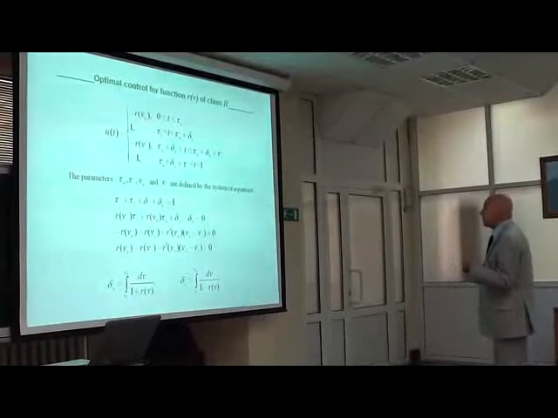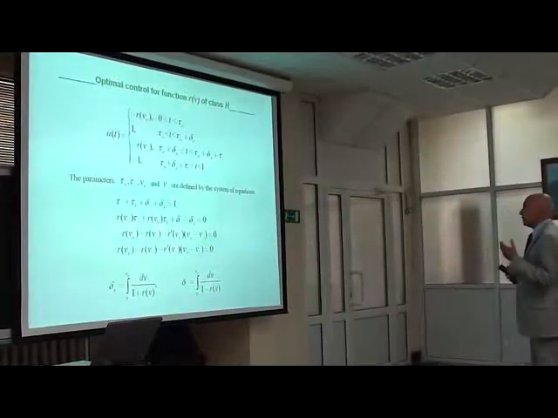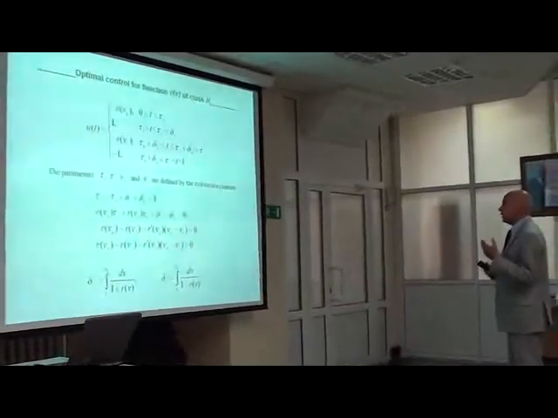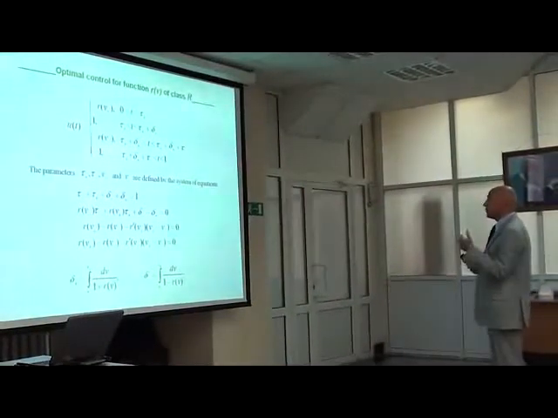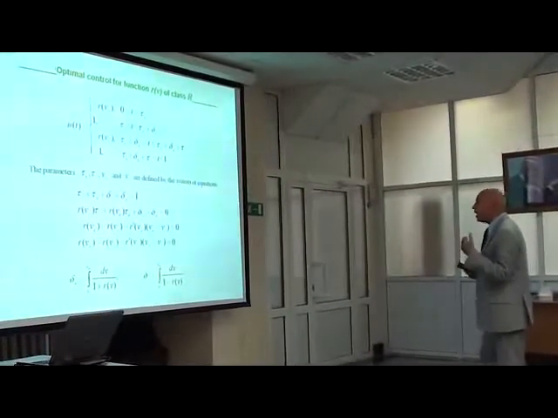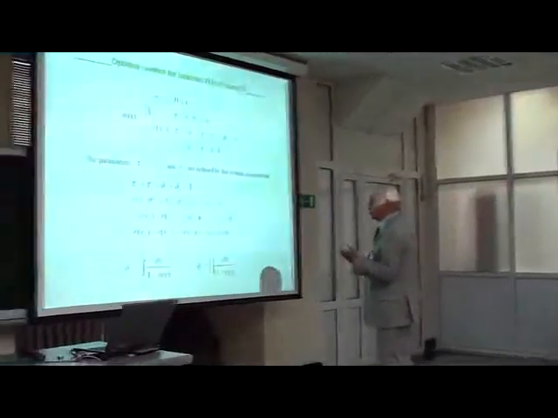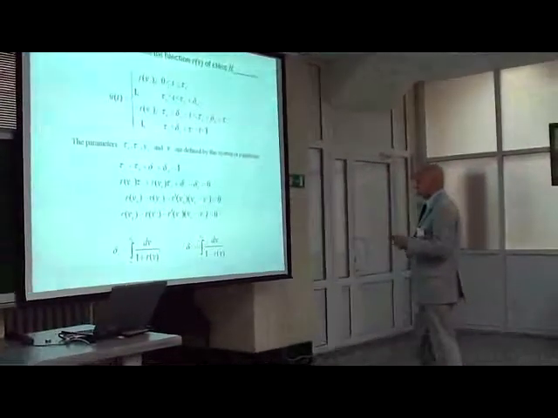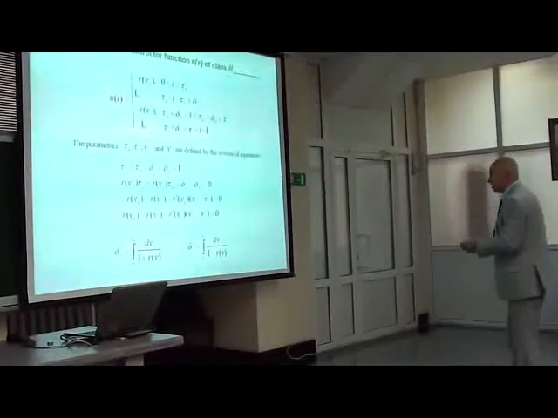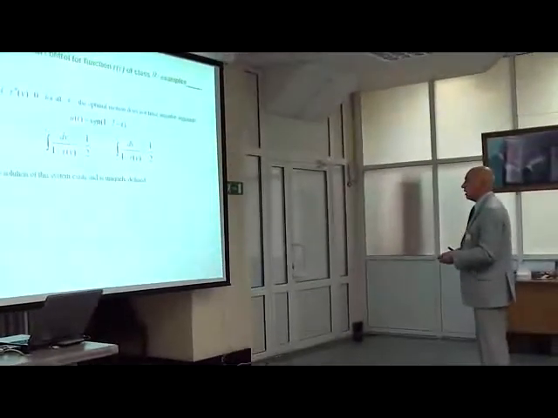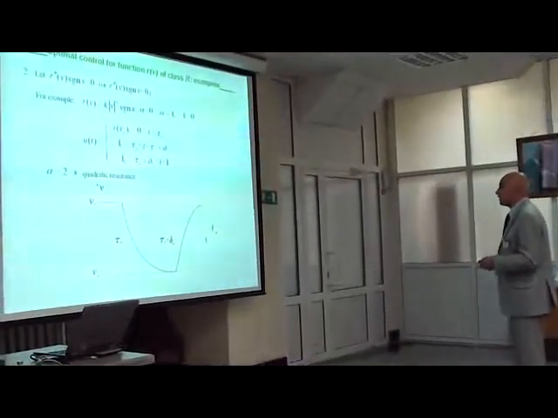And here the velocity is fixed. It is v plus and v minus. So either the acceleration is constant or the velocity is constant. We will see this on this picture.